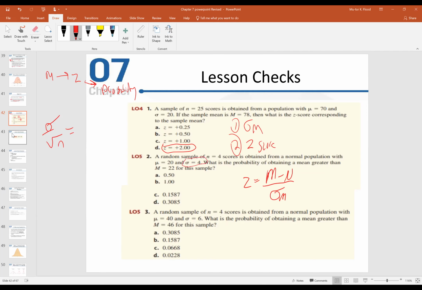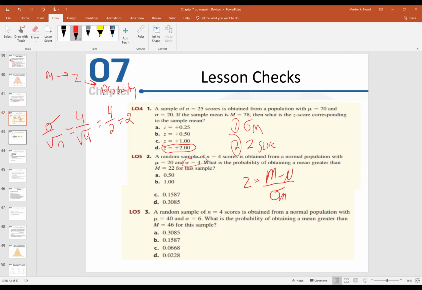And so for this, the standard deviation is 4, and the sample size is 4. So we're taking the square root of that. And that gives us 4 over 2, which gives us a standard error of the mean of 2. All right. And so then we're going to plug it in to this z-score formula for sample means, right?